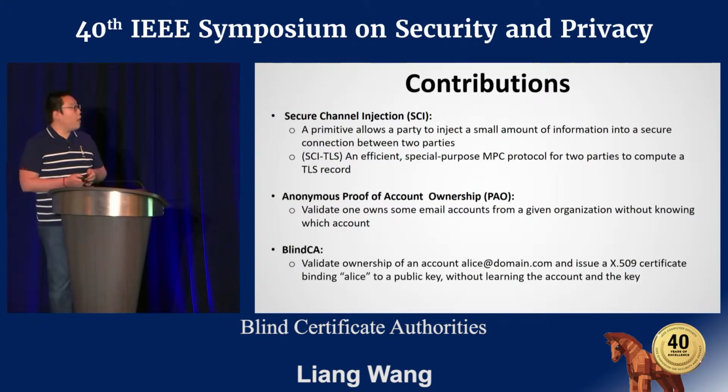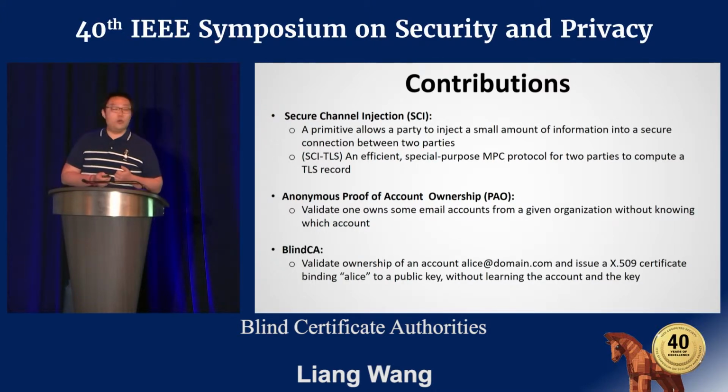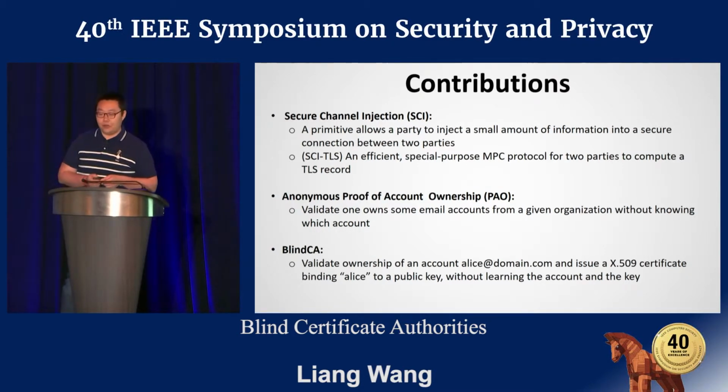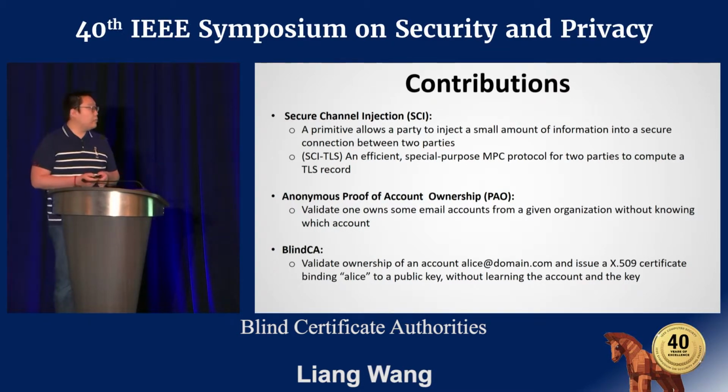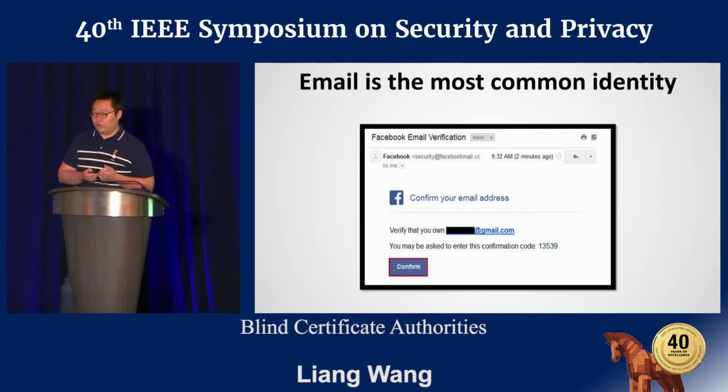And finally, we developed this blind CA that can validate the ownership of an account, say alex@domain.com, and issue X.509 certificates that bind Alex to a public key without learning the account and the key. So now I will explain how to build blind CA.